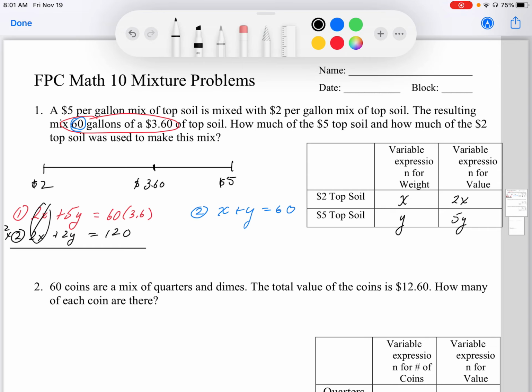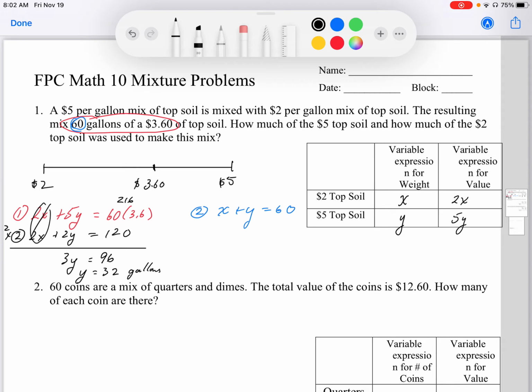So there's my zero pair. I'm going to end up with 3y is equal to 216 minus 120, which is $96. And then solving for y, I get 32 gallons.